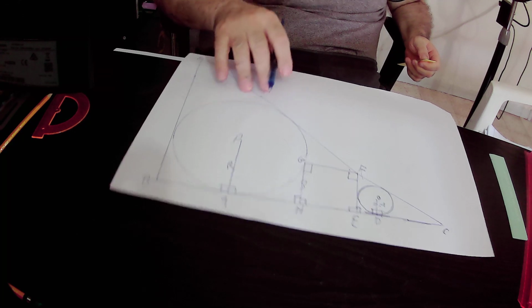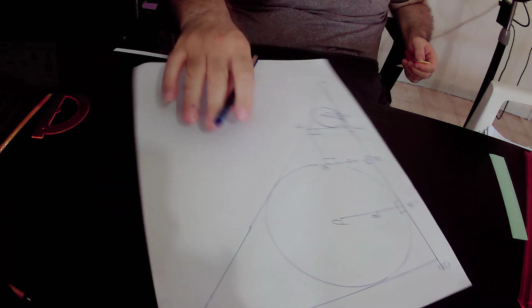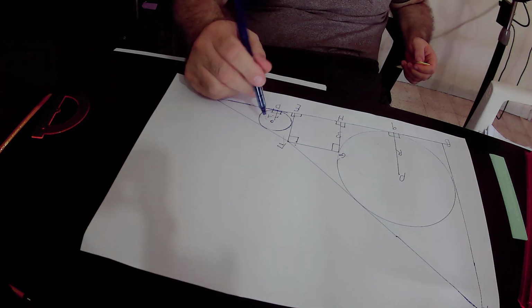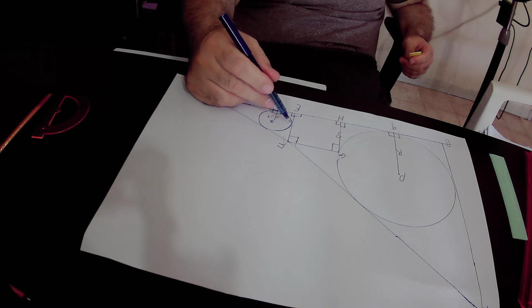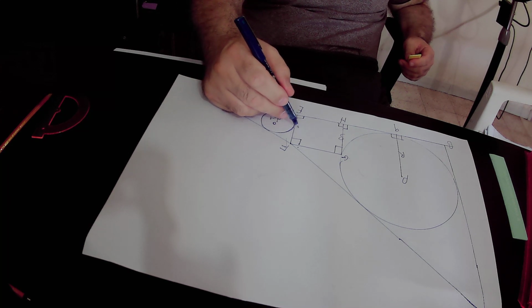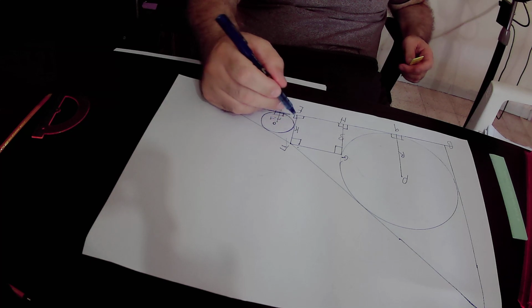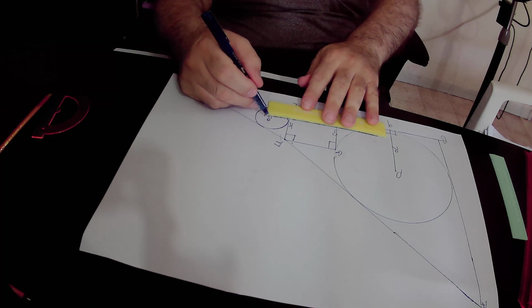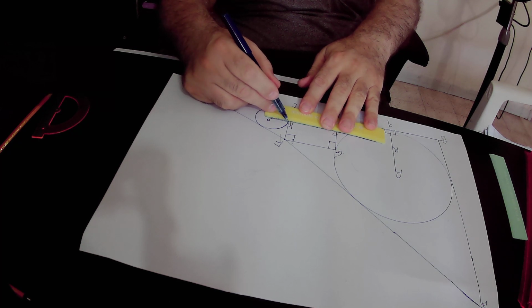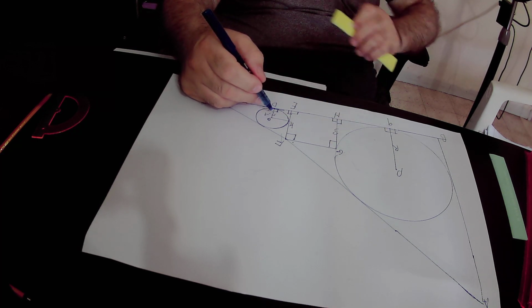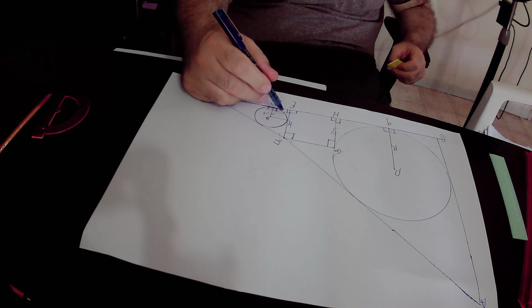Okay, so here we will define the touching point of the circle with the square as point K. We'll join points O and K together by a straight line. Point O is the center of the circle. Point K is the point of the circle itself.